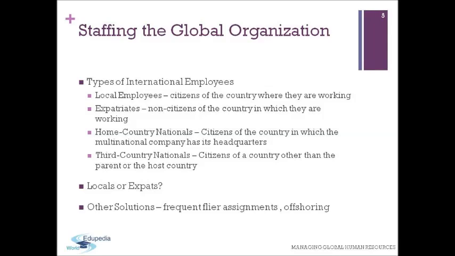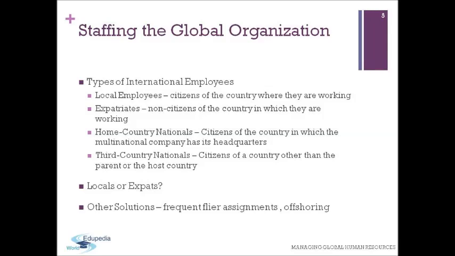Yet, there are also reasons for using expatriates, either home country or third country nationals, for staffing subsidiaries. The main reason is usually that employers can't find local candidates with the required technical qualifications. And multinationals have also viewed a successful stint abroad as a required step in developing top managers.